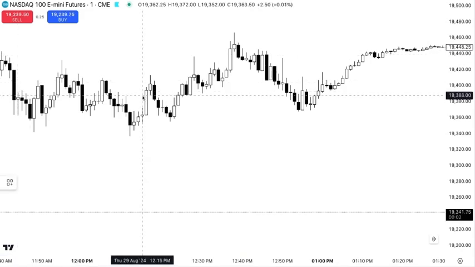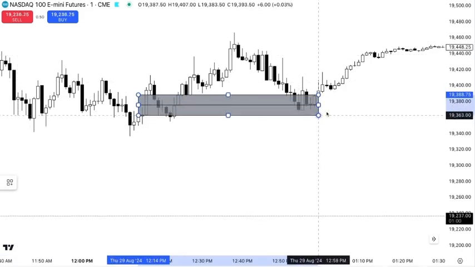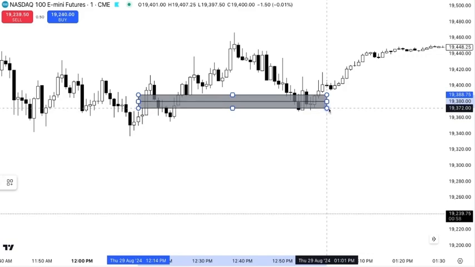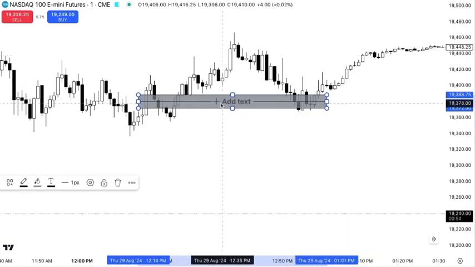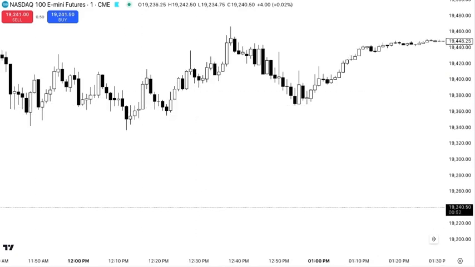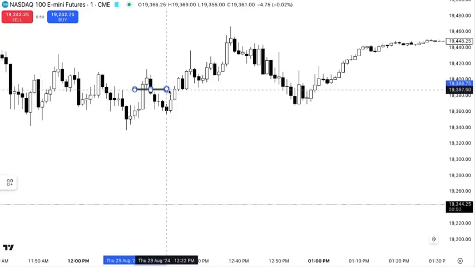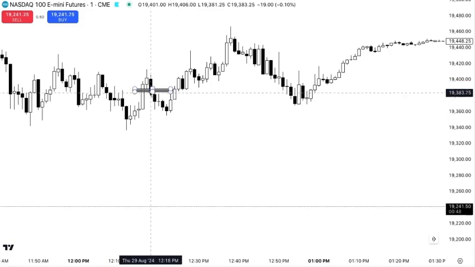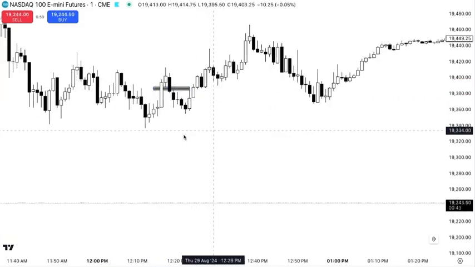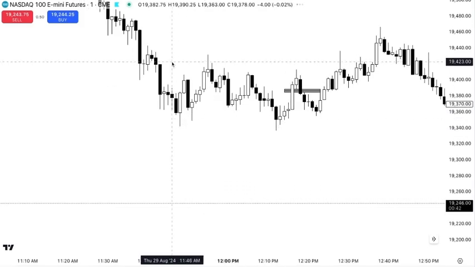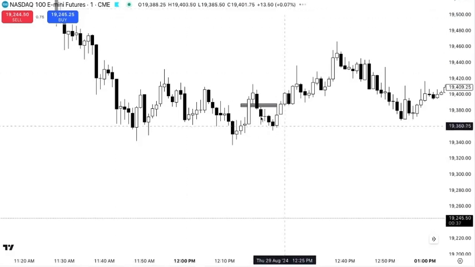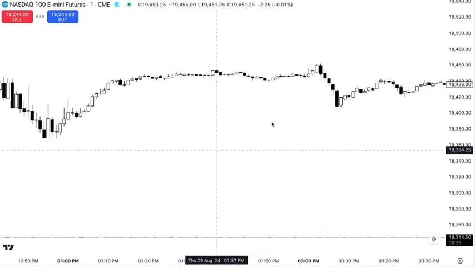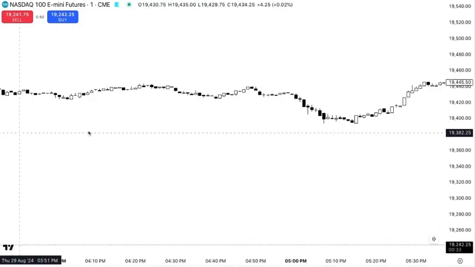So a regular inverse fair value gap would be like this right here, where price goes into it and then back out. But a BPR would be the overlapping of the two, like that. I forgot to show you guys that in another video, but basically it's a stronger inverse fair value gap where two of them overlap like that. I'll give you another example since I didn't show you guys that.